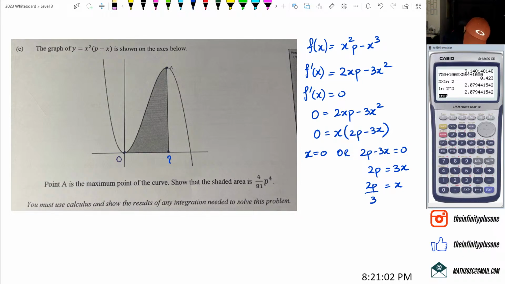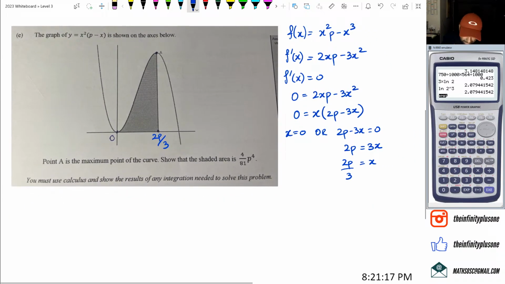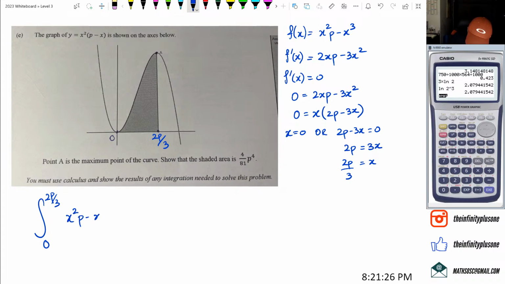So this x value here is 2p over 3. I needed to do this first to figure out my upper and lower limits for the area under the curve. So I've got the integral between 2p over 3 and 0 of x squared p minus x cubed dx.